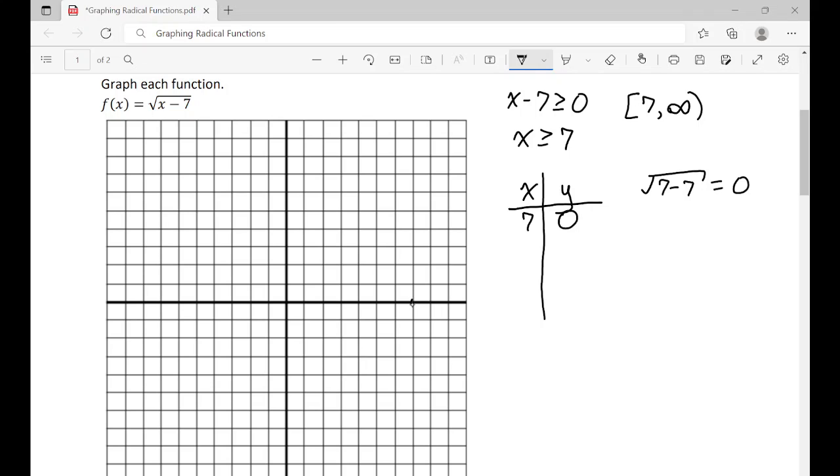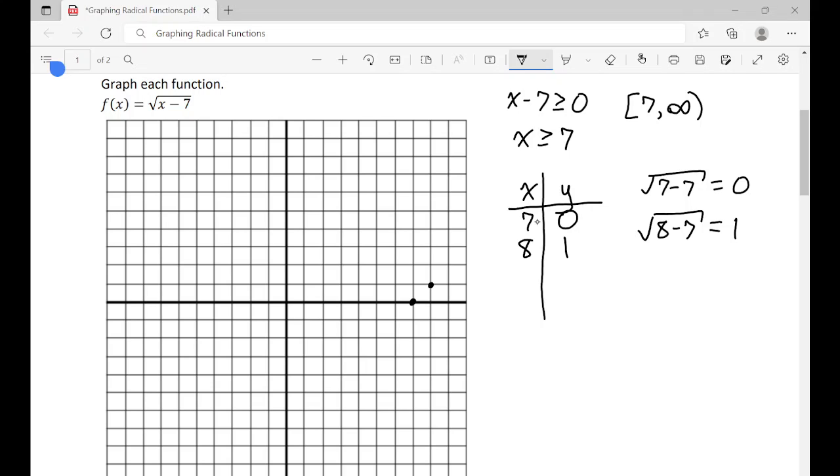Now, because it's a square root, I'm just going to go up by 1, to 8. And when I do that, 8 minus 7 gives me the square root of 1, which is just 1. So my next point is 8, 1, right here.